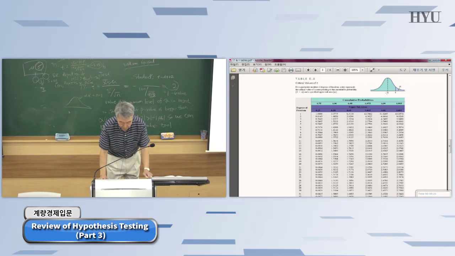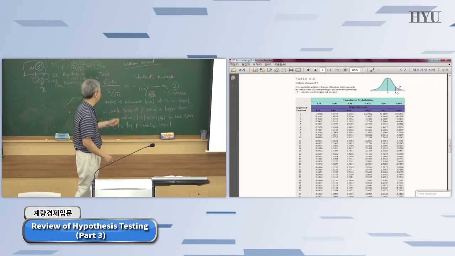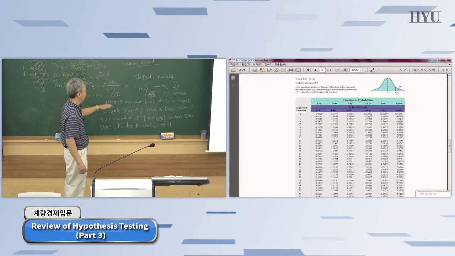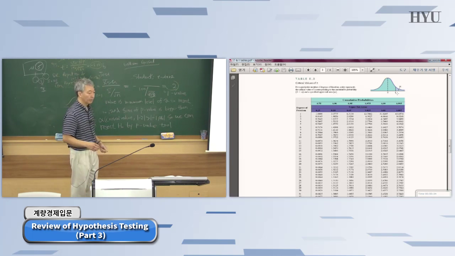So if you're looking for the t-score or the critical value, suppose you're running this test and you're looking for the critical value with 0.025 on its outside.